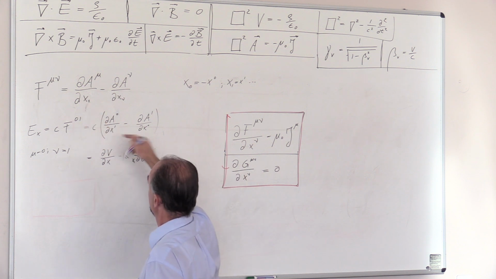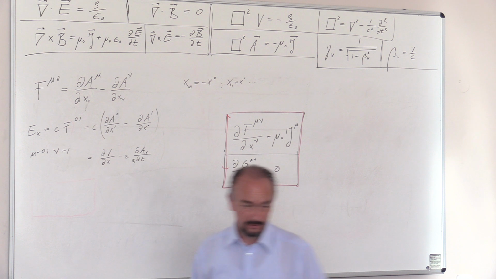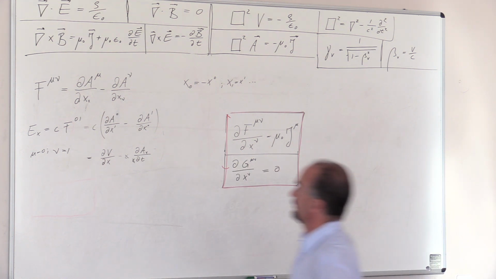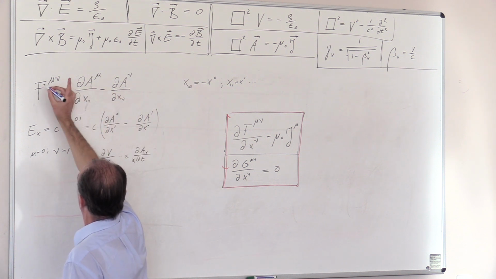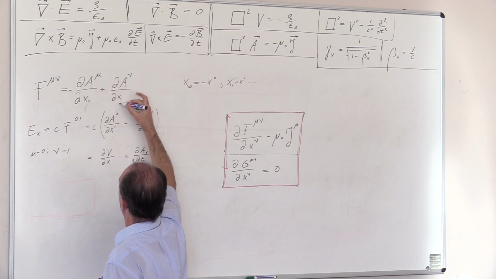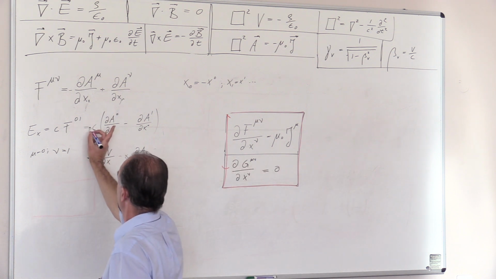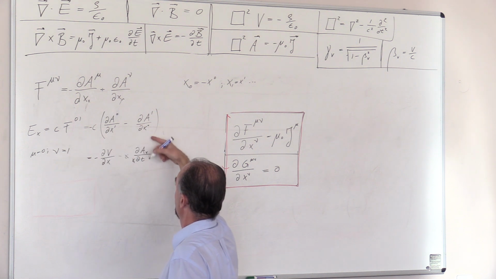If we have x0 here, we get a minus sign of everything, but here we already have a minus sign.